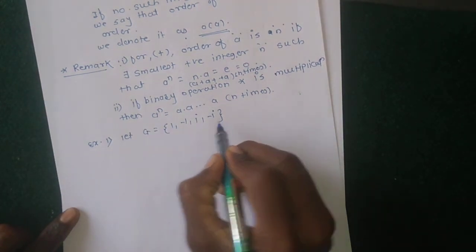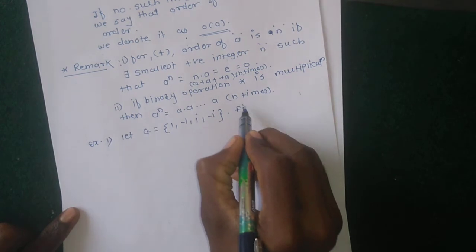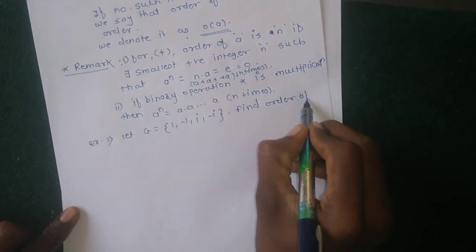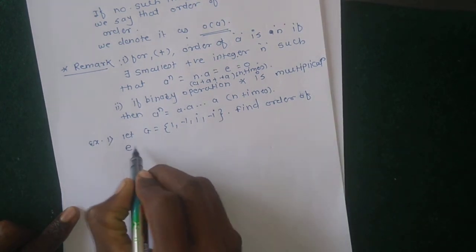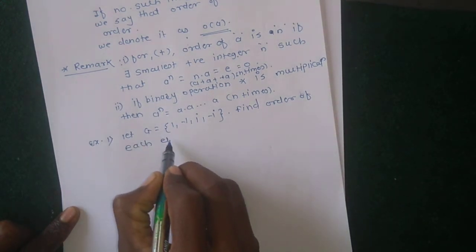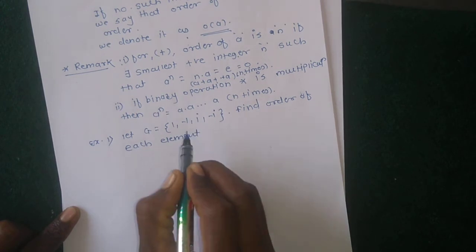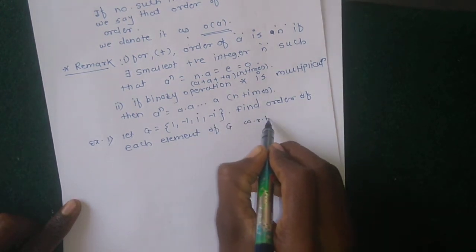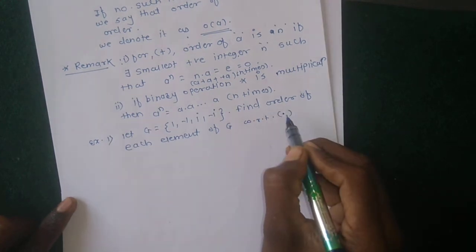Let G be a group. Find the order of each element of G with respect to multiplication.